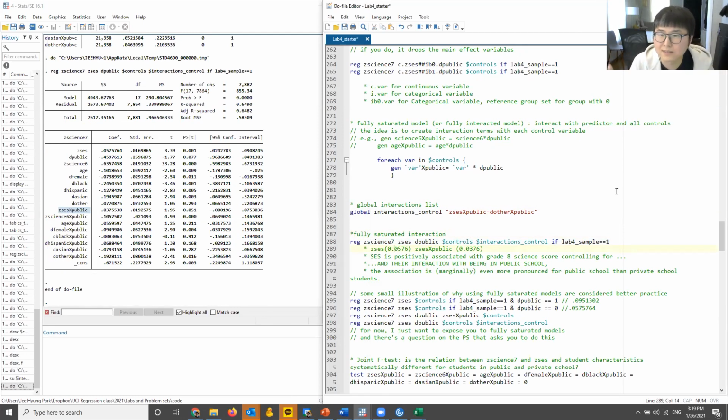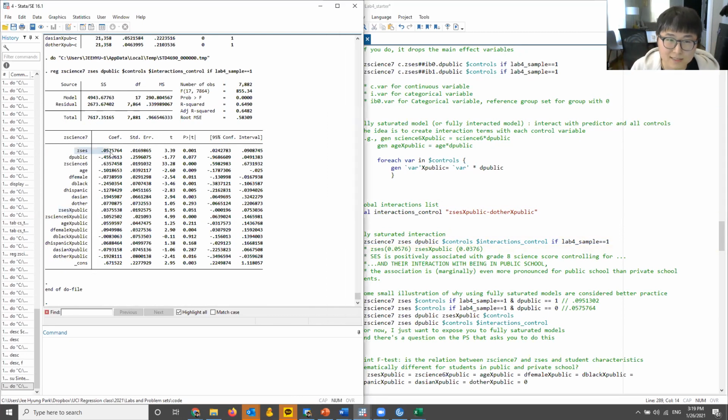And the way you interpret this is exactly the same, right? Like if we're interpreting ZSES, you're just controlling for more things.